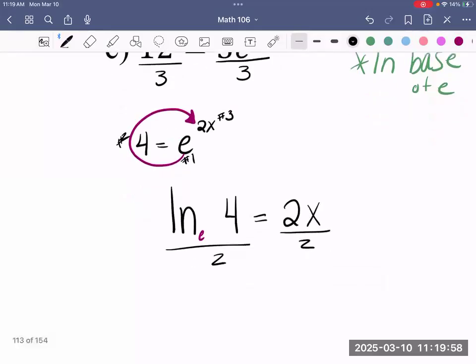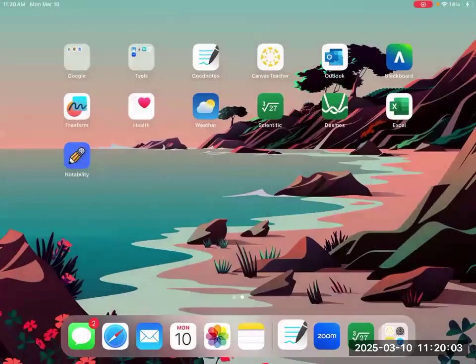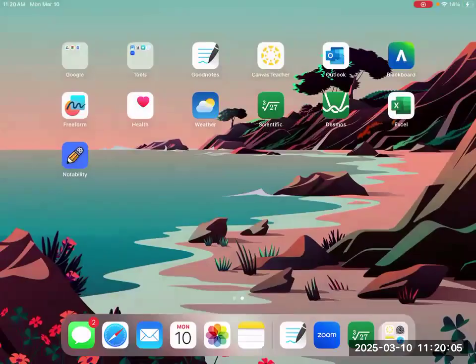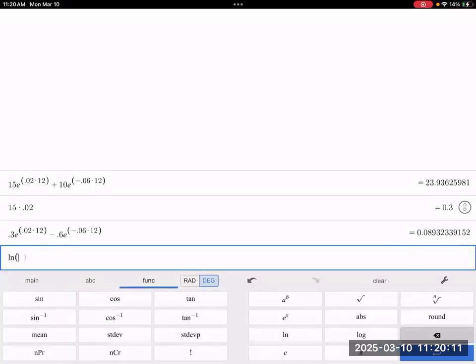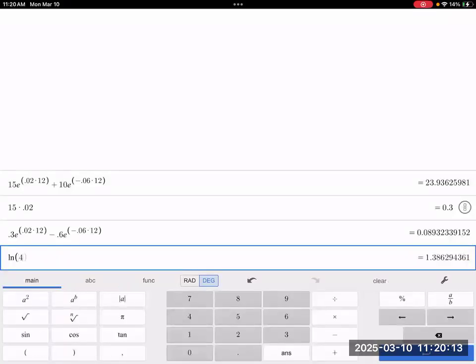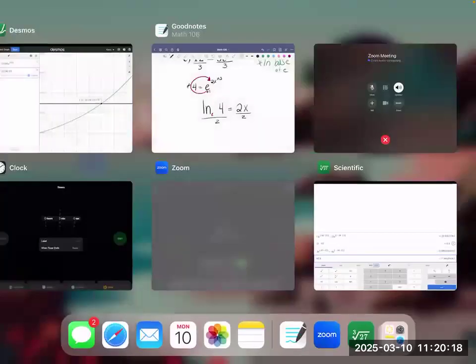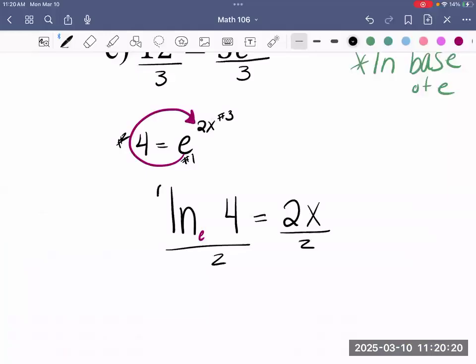And you'll notice that I'm going to divide everything by 2. That is because ln of 4 is a number. And I'll show you that here. Let's see. Where's my ln? Make the function over here. ln of 4 is about 1.4-ish. So this is a number.